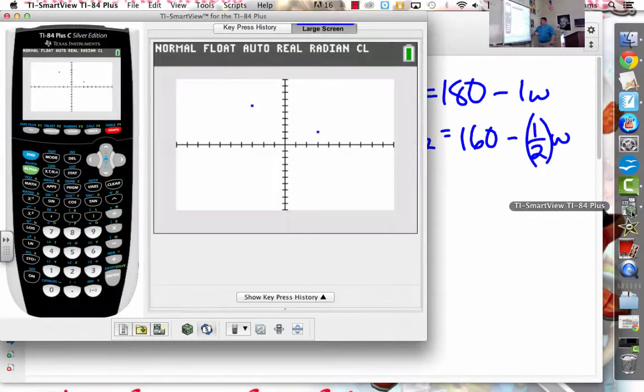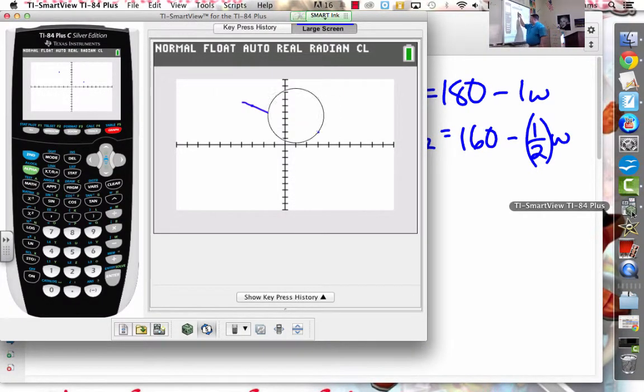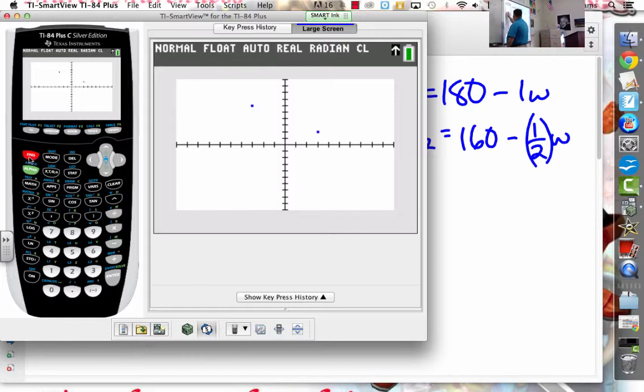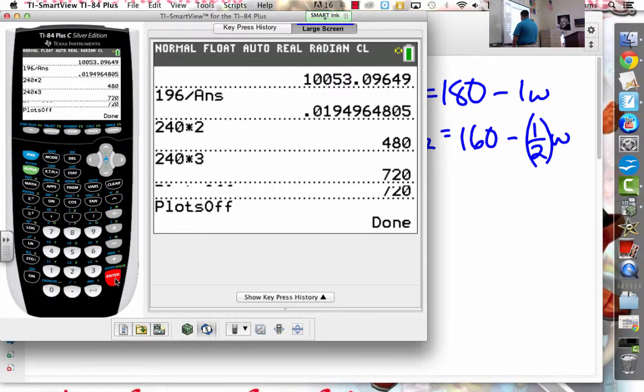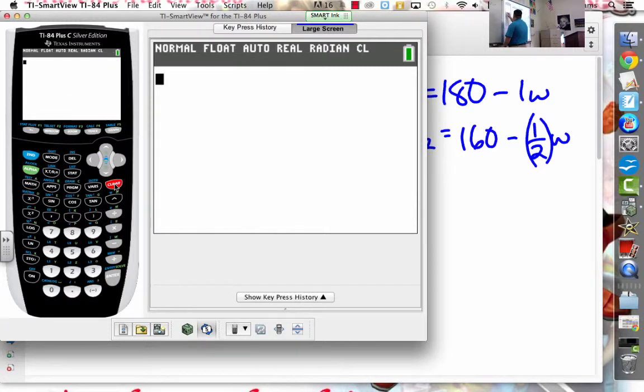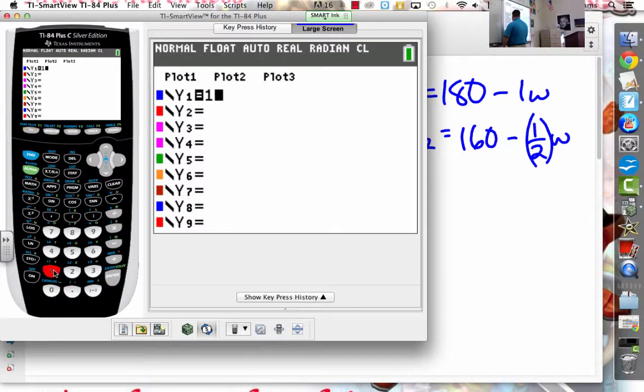So now if I take my calculator and I plug that in, I got to turn my plots off first. And I plug those equations in: 180 minus 1, and I got to put x instead of w. And then 160 minus 0.5, which is the same as 1/2 times x.